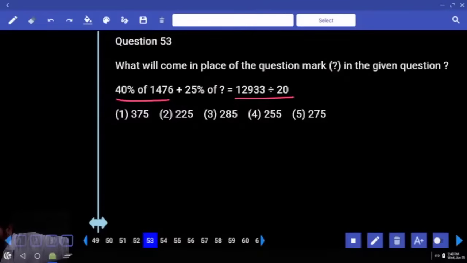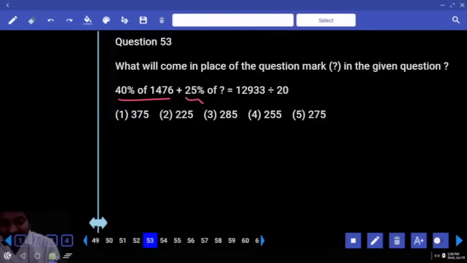No. 3 multiple? No. So the right hand side number is also a 9 multiple. Left hand side first number is also a 9 multiple. Then the second number also should be a 9 multiple. In the second number already we have 25%. Is 25 a 9 multiple? Or at least a 3 multiple? No. Then your answer should be, come to options. Can it be first option? Second? Third? Fourth? Fifth? Done.